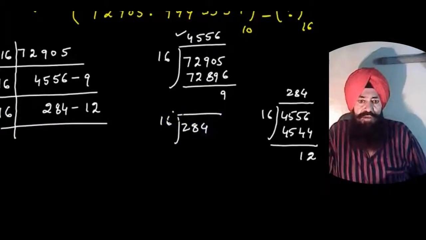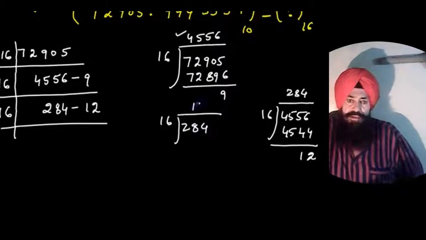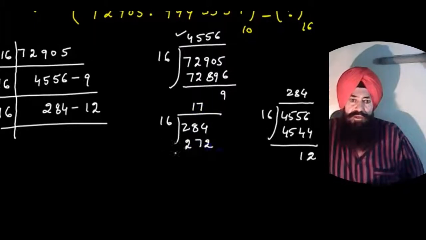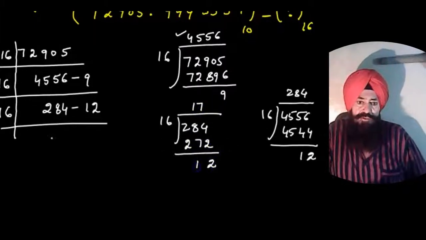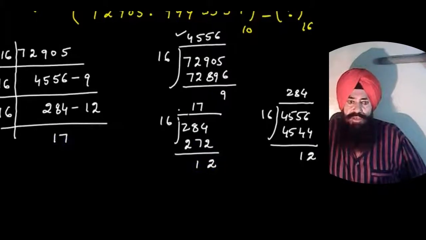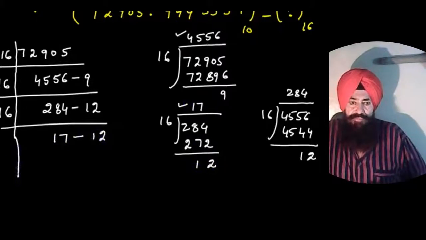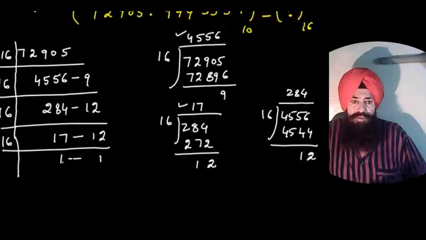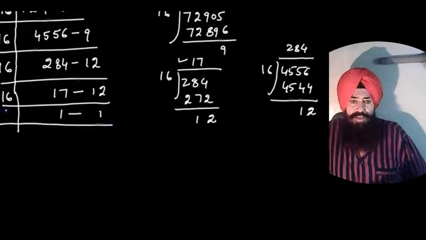Now again dividing 284 by 16, you'll get 17 and the remainder is 12. Again dividing by 16 is 1 and the remainder is 1. Again you go on dividing till you get 0.